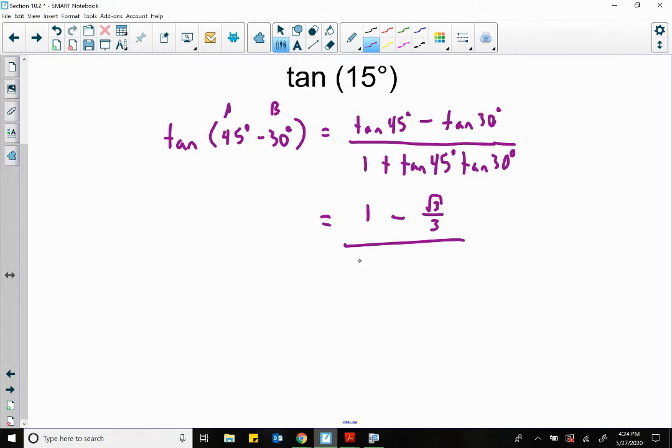Down here, you will have 1 plus. Well, again, we know what tangent 45 is. It's 1. And we know what tangent 30 is. It's the square root of 3 over 3. So now it's just time to do some work. So I'm going to clean up the bottom real quick. So on top, we have 1 minus the square root of 3 over 3. And on bottom, we have 1 plus the square root of 3 over 3. Because 1 times all this is just the square root of 3 over 3.